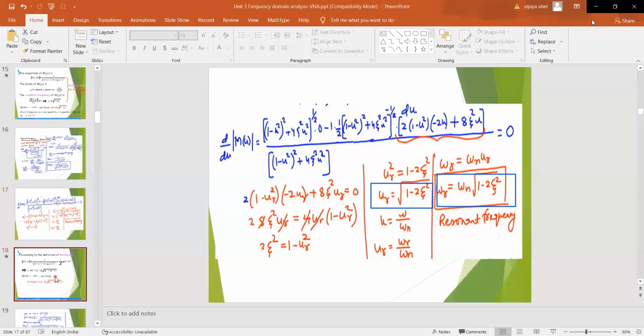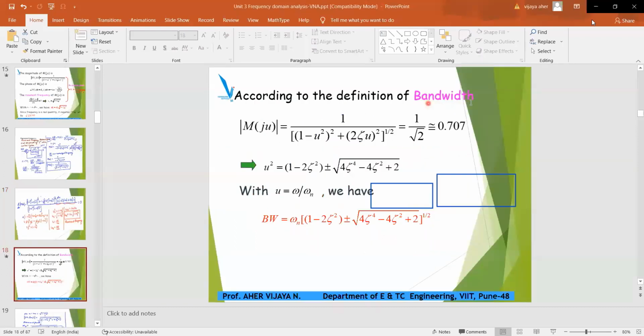Now, according to the definition of bandwidth, we are going to find bandwidth. According to the definition of bandwidth, what you have to do? Mod of M(ju) is equal to 1 by root 2, which is nearly equal to 0.707. So how to do this?